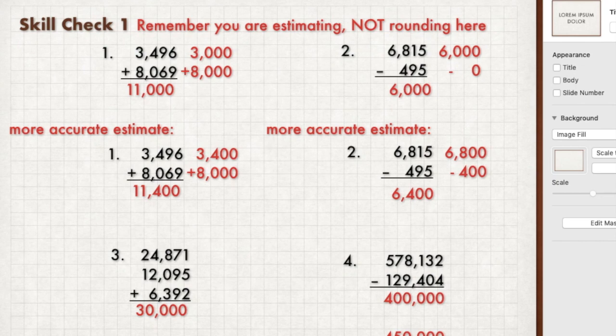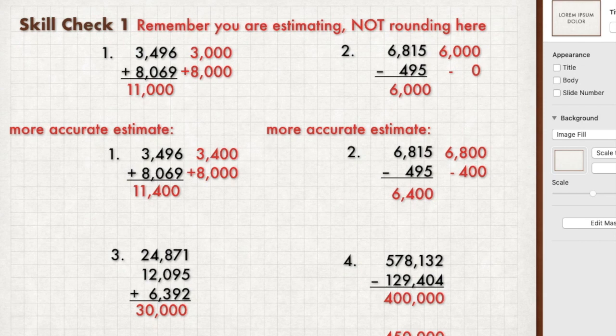Now if I want to make it more accurate, instead of doing the thousandths place, I can go ahead and focus on the hundredths place and the thousandths place. So that's what I'm doing here to make it more accurate. You can see 3,496. I am not rounding the 96, that 9, I'm not rounding up to turn the 4 into a 5.